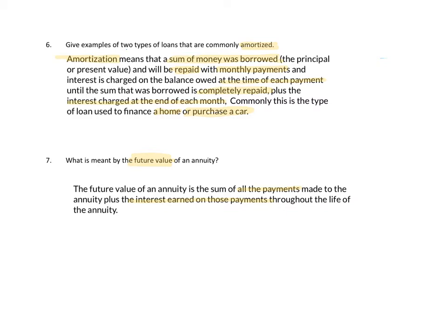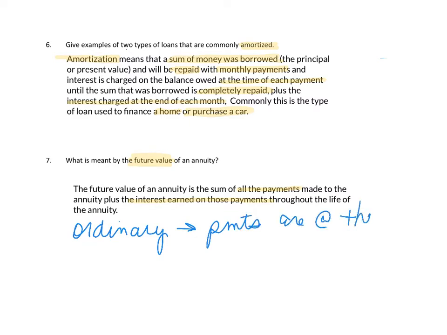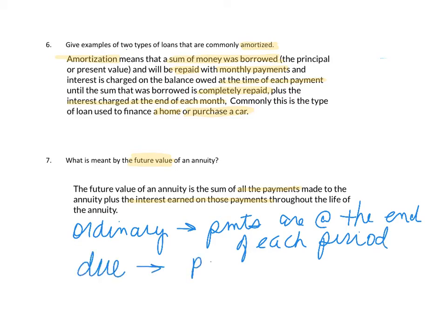And once again, if that annuity is an ordinary annuity, then your payments are at the end of each period. Whereas if it is an annuity due, your payments are made at the beginning.